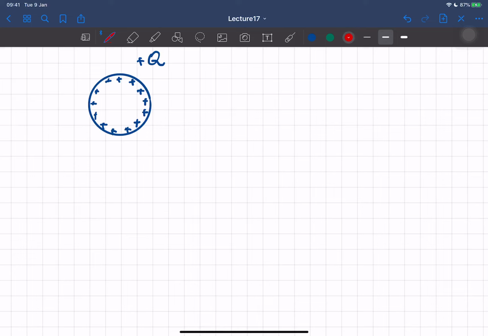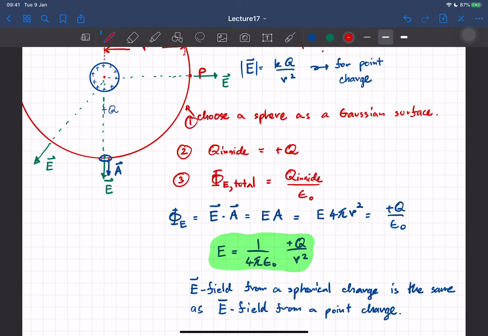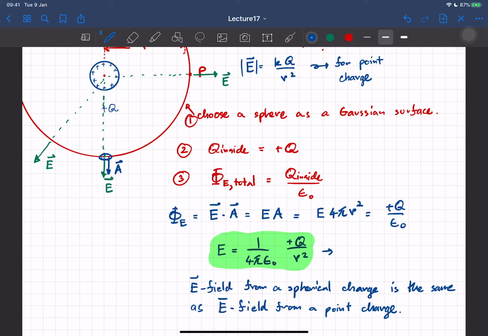But now, let's say you construct a surface for Gauss's law inside the sphere. And why do you want to do that? Well, because you want to see what's the electric field inside the sphere. The electric field that we calculate here is E outside the blue sphere.